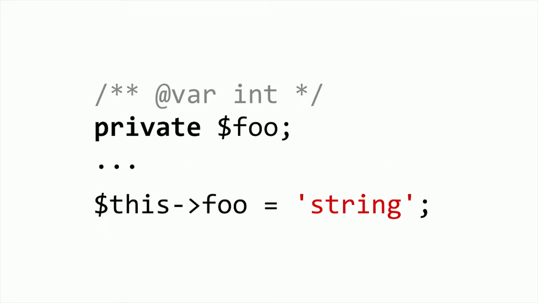Another error in a type system is when you assign a wrong type to a property. Unfortunately, properties cannot be type hinted natively, but static analyzers also interpret PHPDocs for both properties and functions.